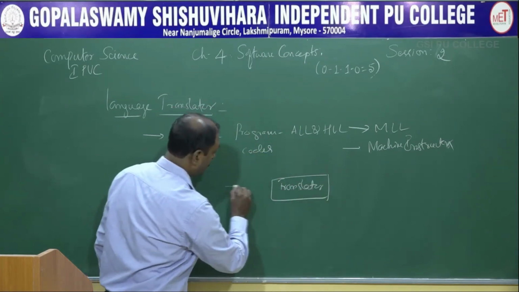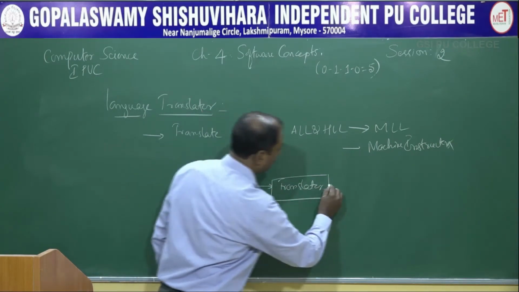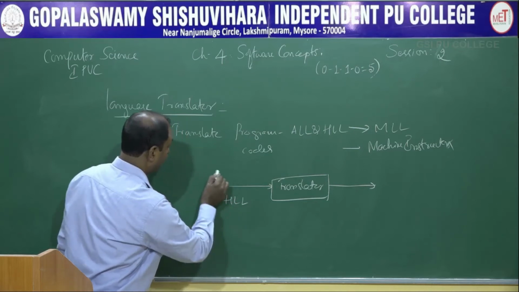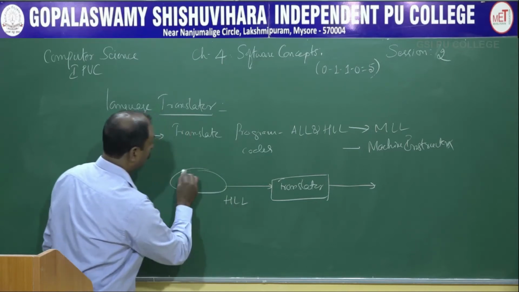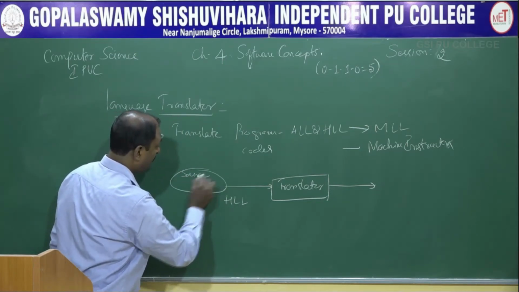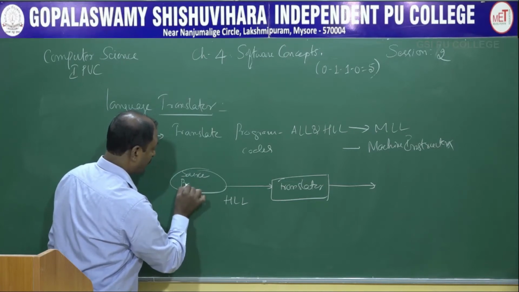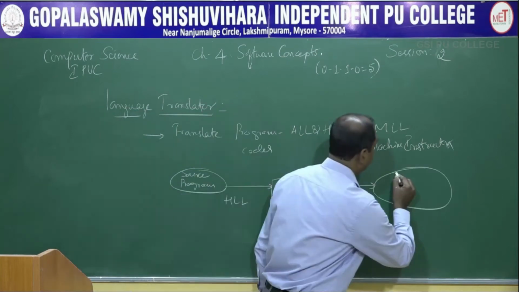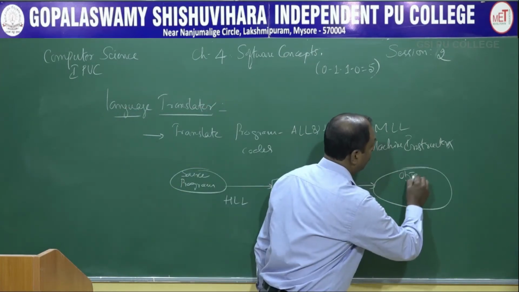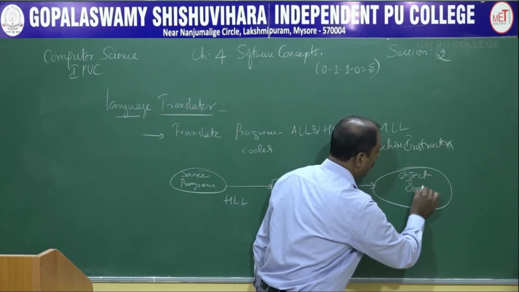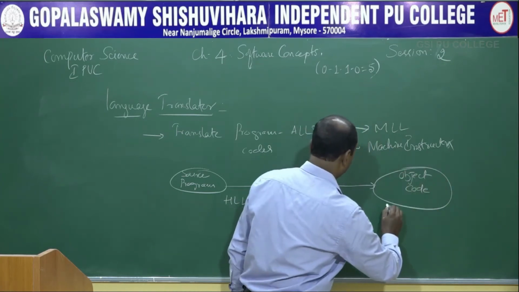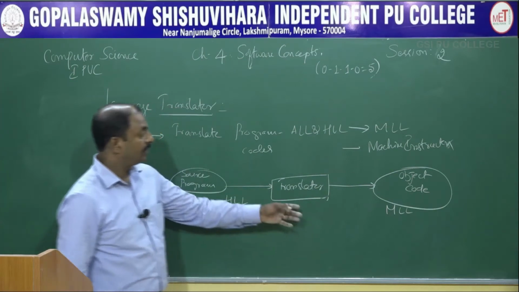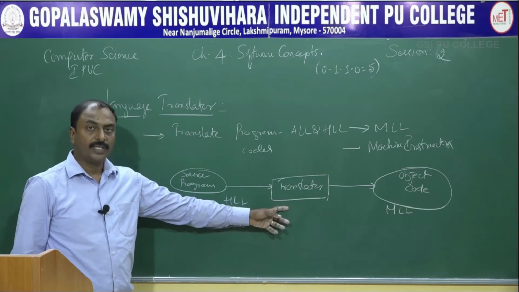It converts a program from high level language, that is what we call a source program, and after conversion converts it into an object program or object code. So this is your machine level language. This is the use of a translator. That is why we are using a translator.